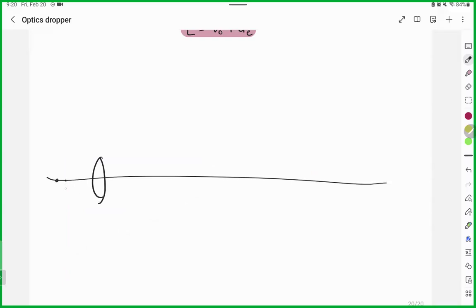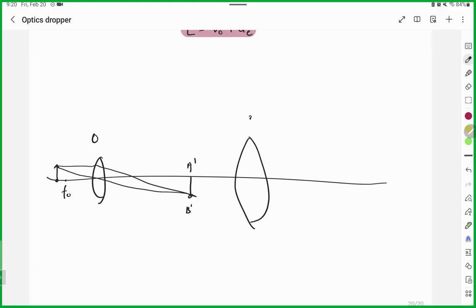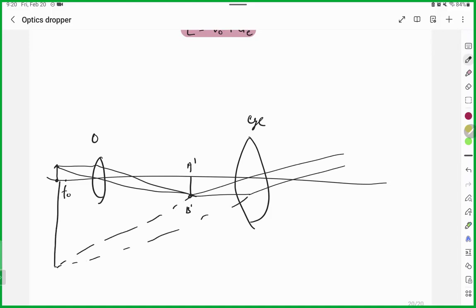If you place the object beyond this, the image A dash B dash is formed here. Then you place the second lens. This is the objective lens, this is the eyepiece. If you extend this further, somewhere here you get the final image, A double dash B double dash.